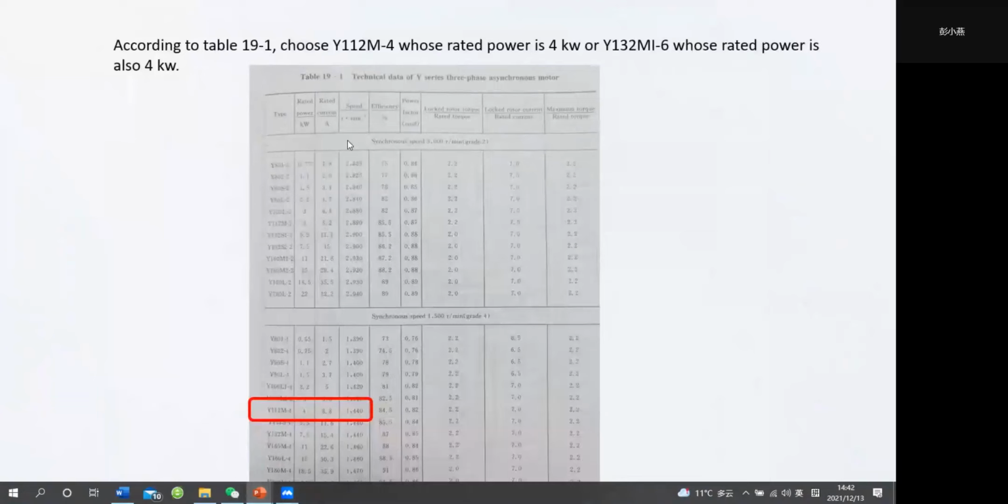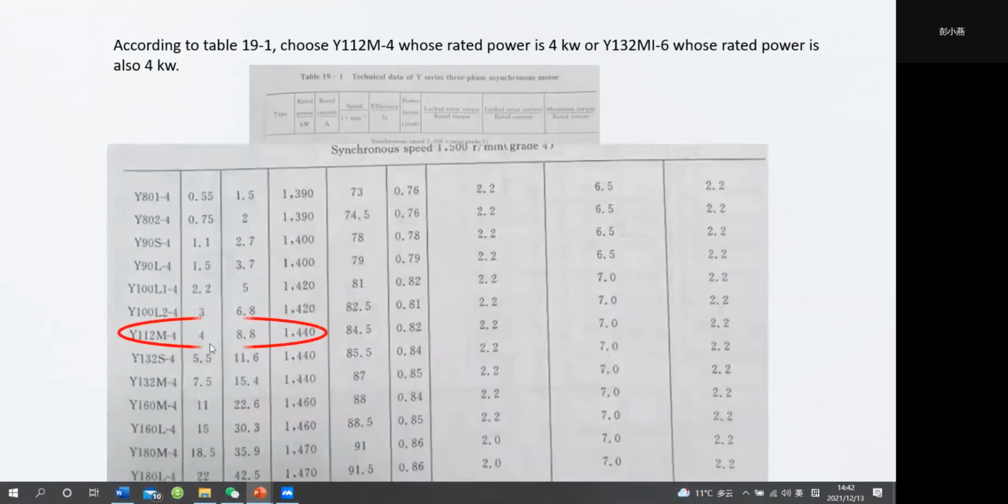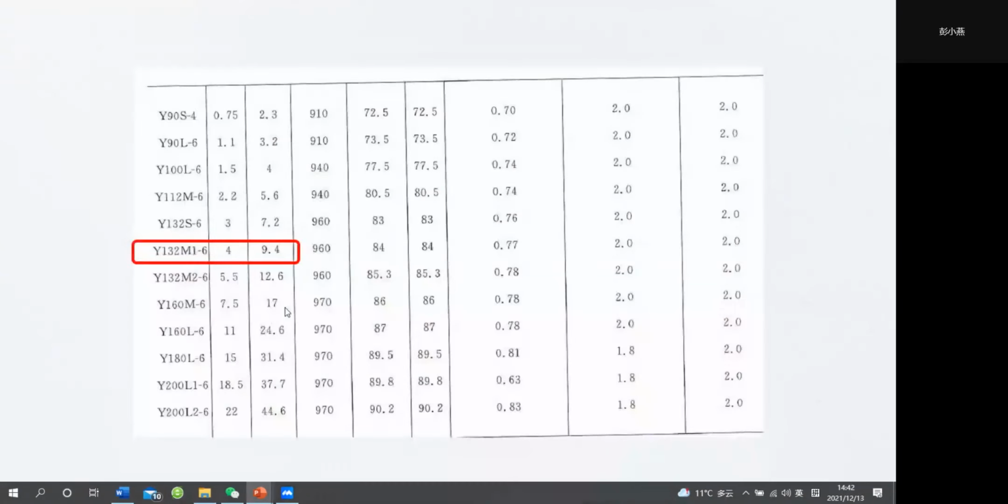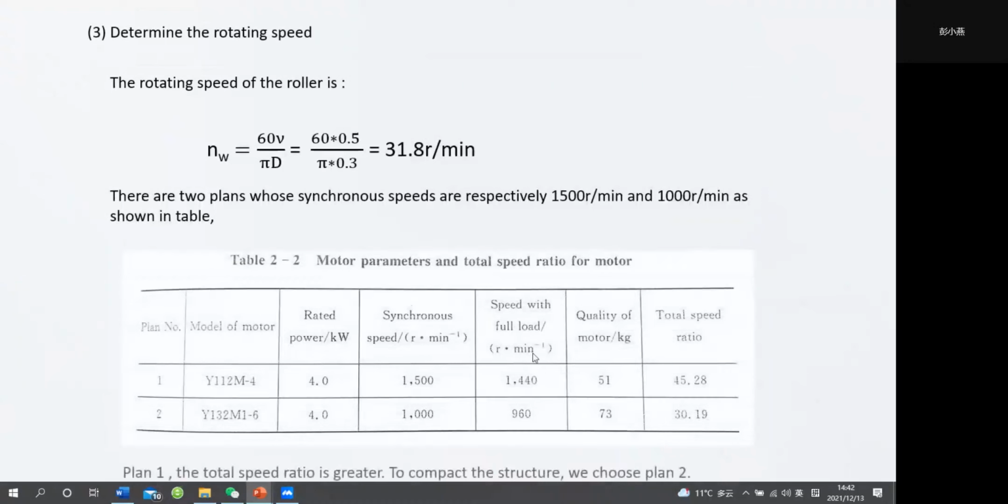For this type, the speed is 1,440, and for this type, the speed is 960. This is the speed with full load for the two plans.